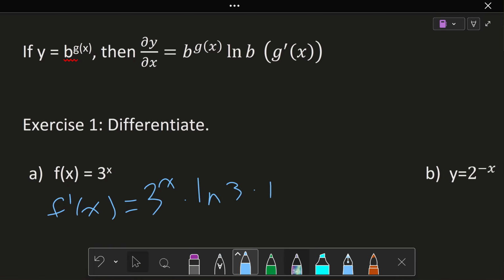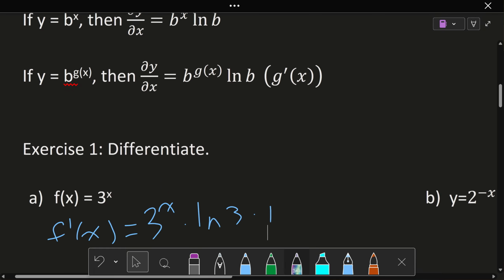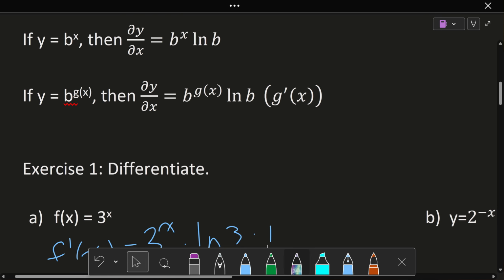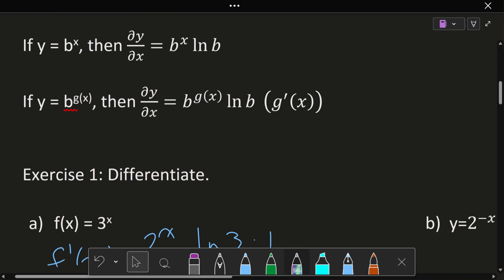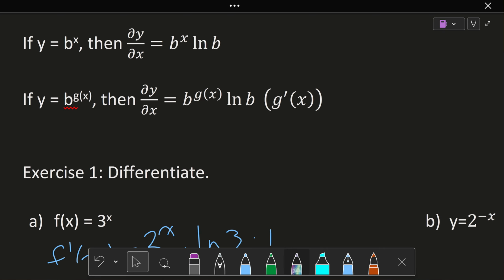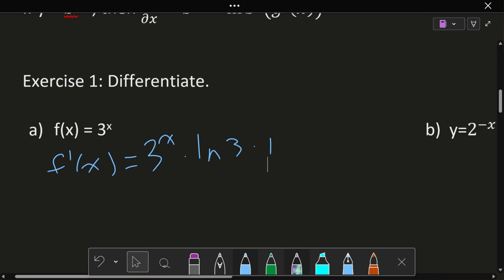So really it is probably more the one up here, where it's just b to the x, but I almost like to forget that one because there's no difference. If my exponent is just x, then g prime of x is just 1. So I like to just memorize it as always timesing it by the derivative of my exponent.